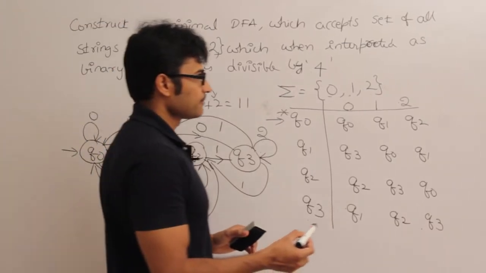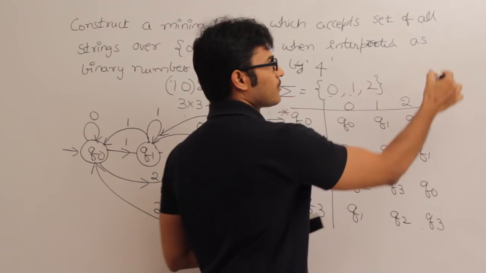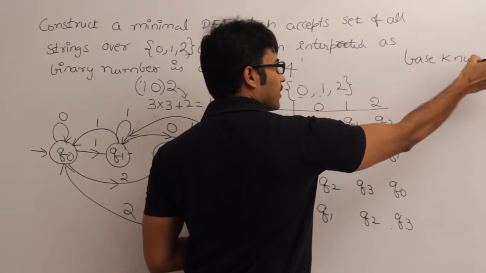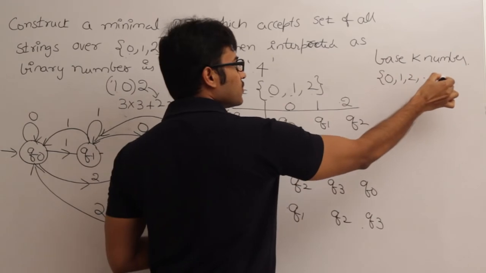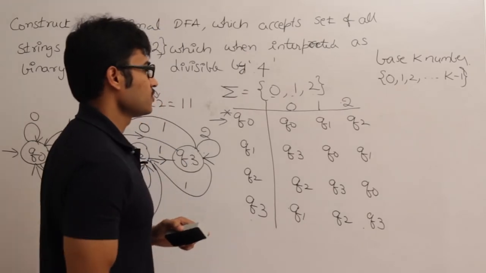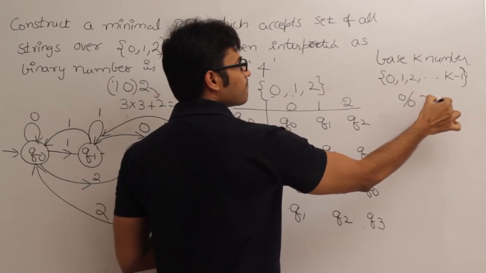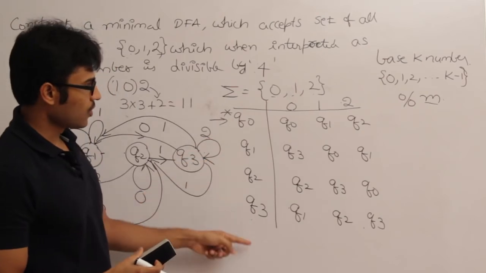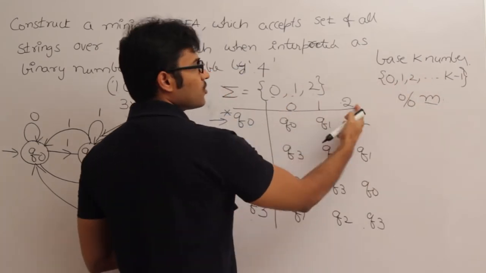For example, they will say some base k number, which means the alphabet will be 0, 1, 2, 3, so on, up to k minus 1, and they might ask you that this string has to be divisible by, let us say, m. Then simply you have m states, q0, q1, q2, so on, q m minus 1, and the columns will be 0, 1, 2, 3, up to k minus 1.